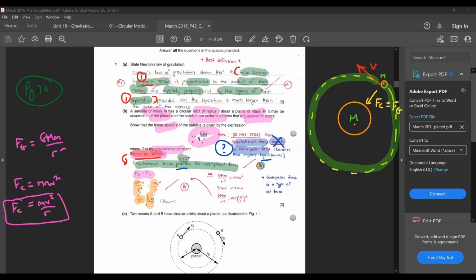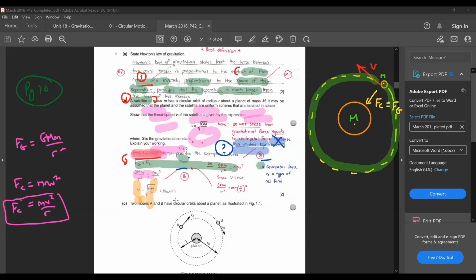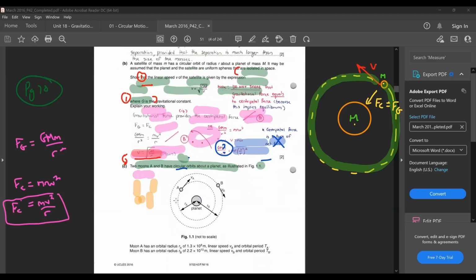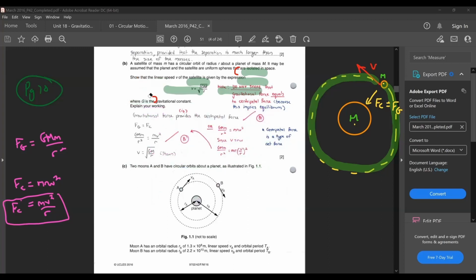Then after that, you look at part C. Let me just erase the things. Okay, part C, they're telling you right now that there are two moons, A and B, that have circular orbits about a planet as illustrated. Moon A has an orbital radius RA of some value, linear speed VA, and orbital period TA.